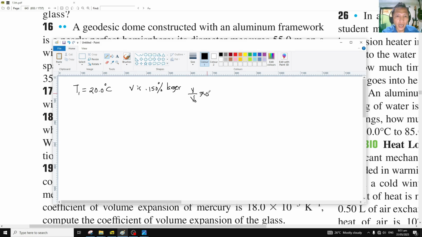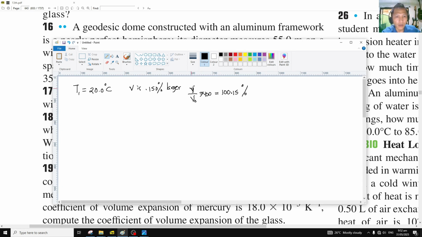Times 100, that would be 100.15%. Meaning, the volume V is 100% of the original plus 0.150%, because that is 0.150% larger.